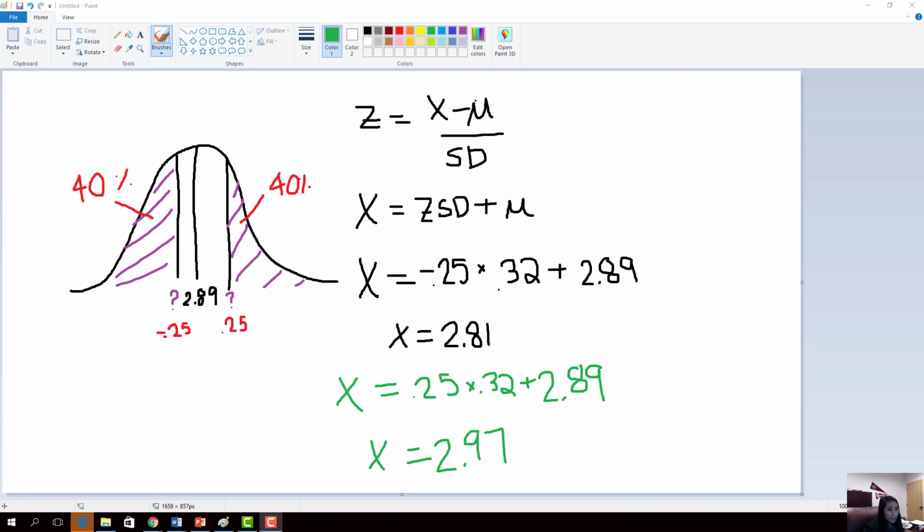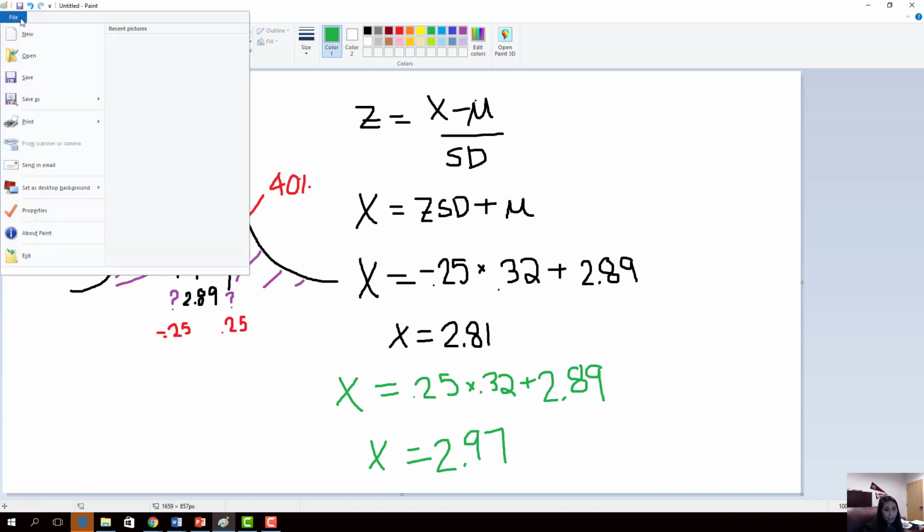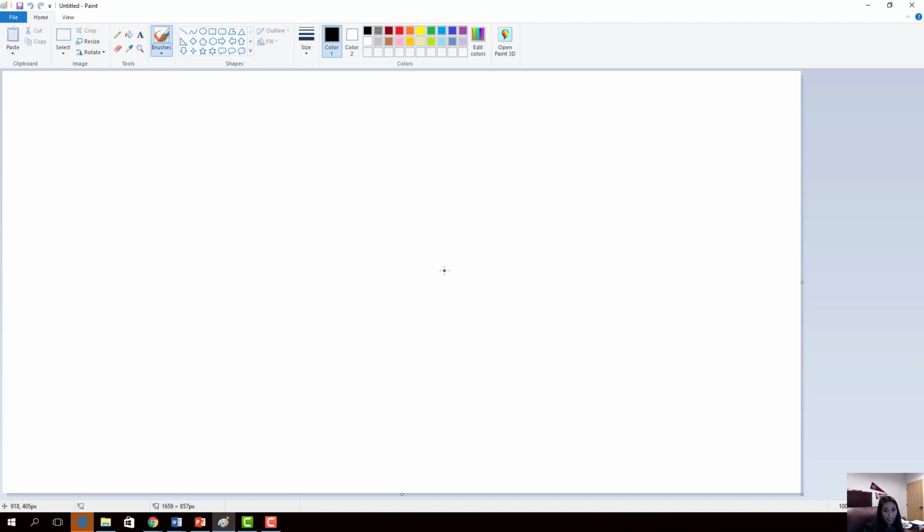And the last Babe question, we have Babe Jr. has a z-score of negative 0.5. How much does Babe Jr. weigh? Let me get a new canvas here. Again, we can use that same formula of x is equal to z times the standard deviation plus the mean.